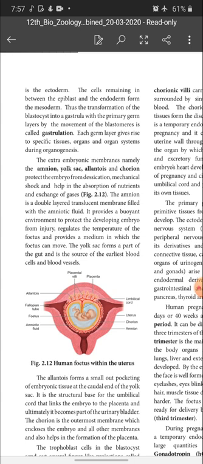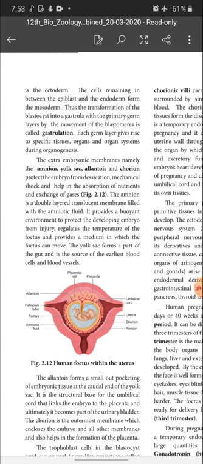Let's see one by one. First we see the amnion. What is amnion? It is a double layered translucent membrane. It is filled with a fluid called amniotic fluid. It is a double layer translucent membrane, that is, it is transparent and it is filled with a fluid called amniotic fluid. What is its function?